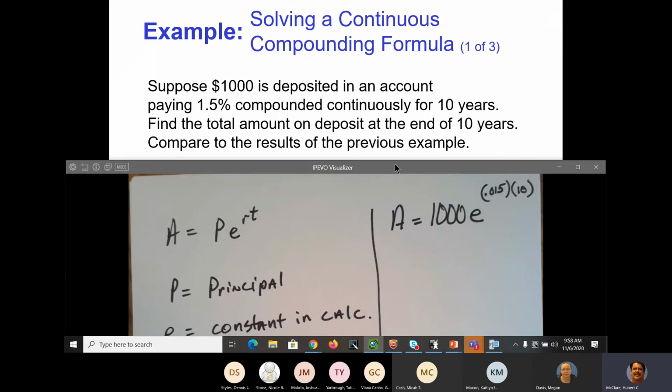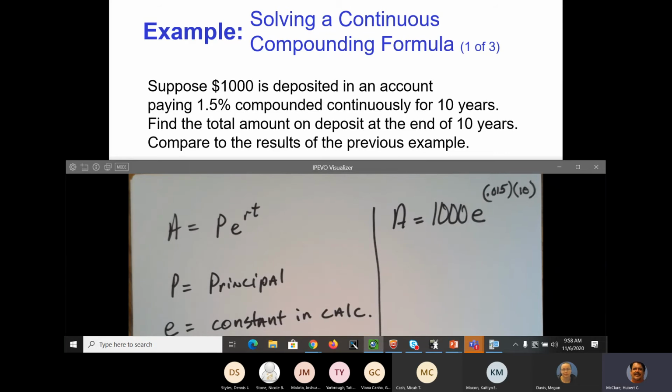There you go. And if you notice, these two questions are very similar. And I'm going to show you something here in just a second.